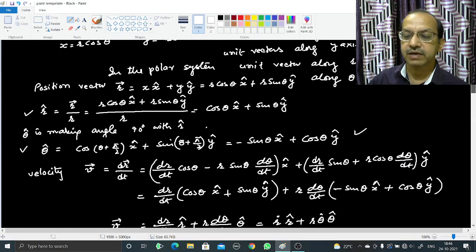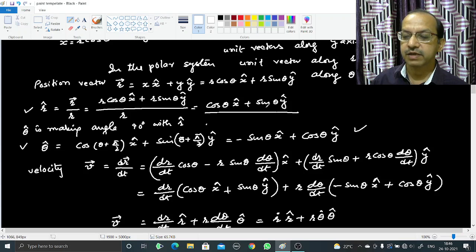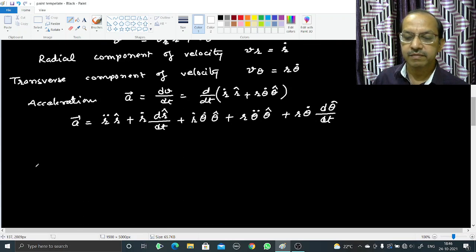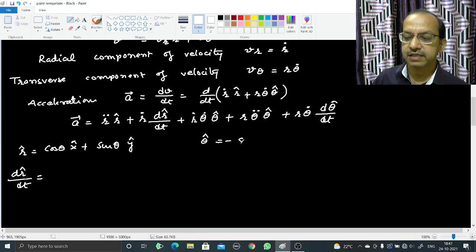R cap is cos theta x cap plus sin theta y cap, and theta cap is minus sin theta x cap plus cos theta y cap.